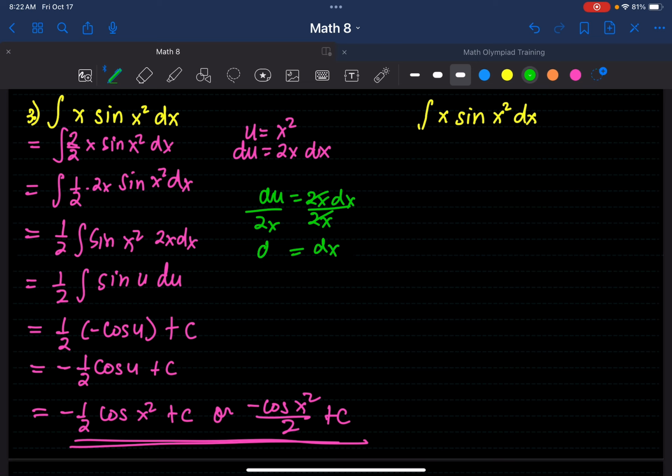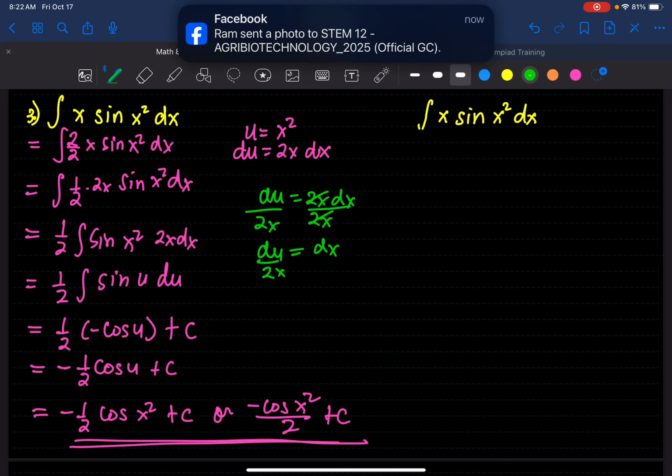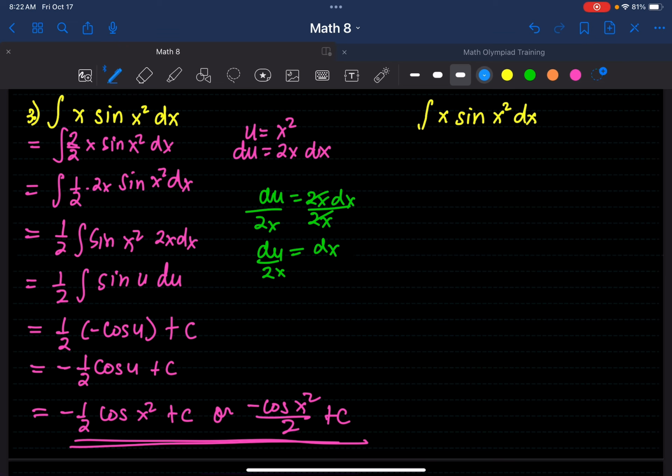So dx is du over 2x. Then substitute the function. This will become integral of x sine u times dx, which is du over 2x.